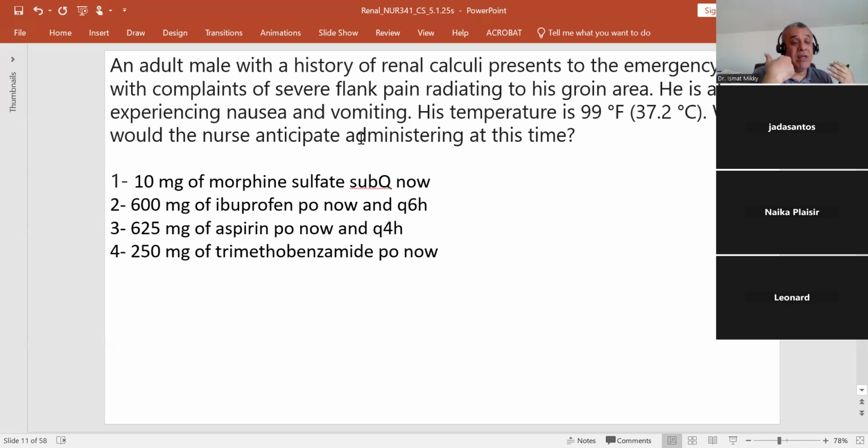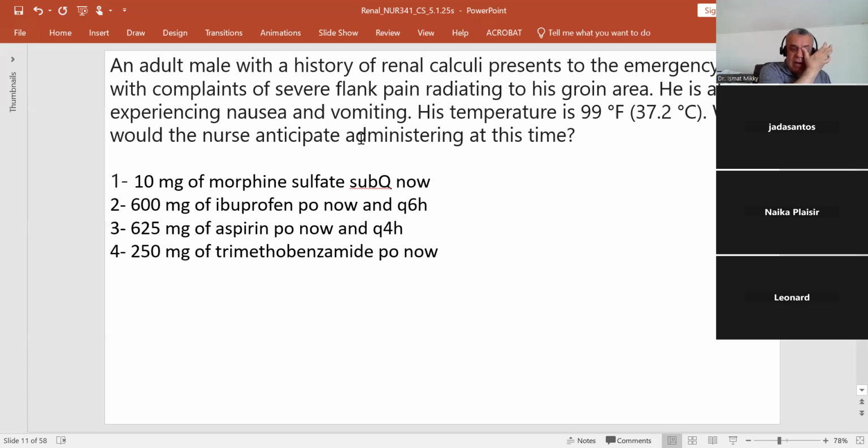So what would be the best medication, the most effective pain med to be administered for this patient? Morphine? I don't know. Yes, we have to give.